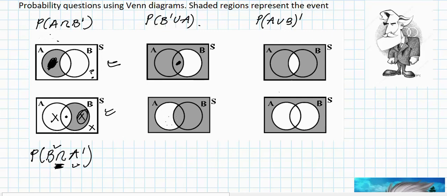Moving on. Here I have these two probability events. And for these two probability events, a lot of the area that is not A has been shaded. So I'm going to say not A, or the complement of A, has been shaded, right? And then again, I look at the intersection. Here's an intersection. Was it shaded or not?